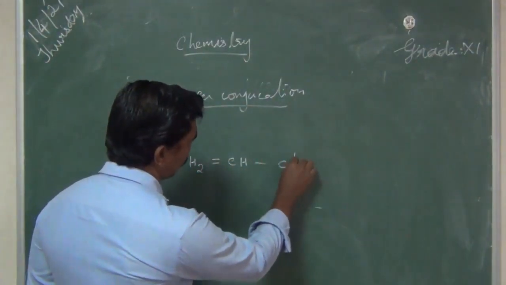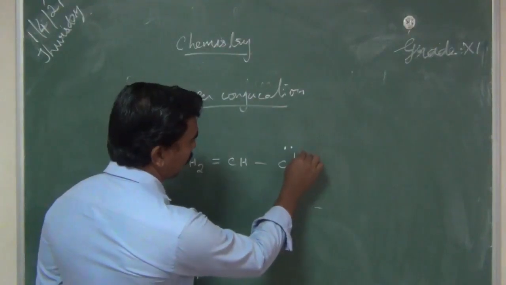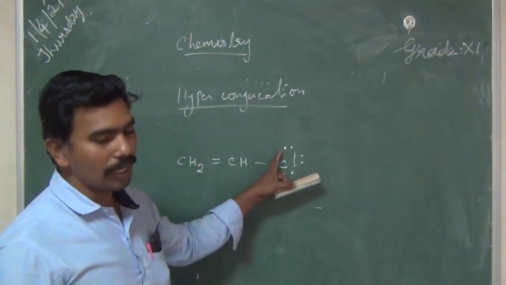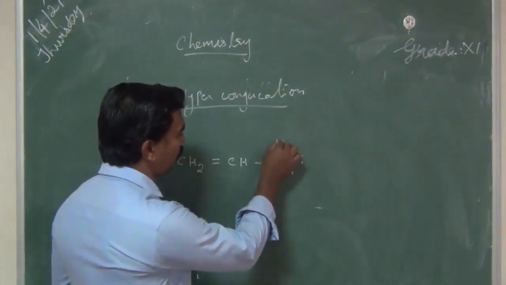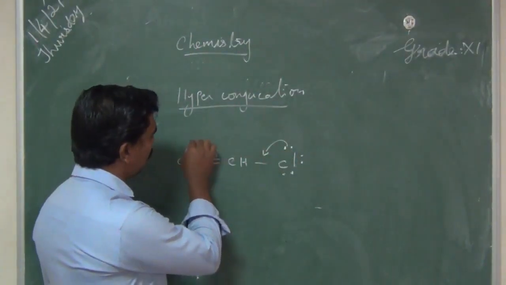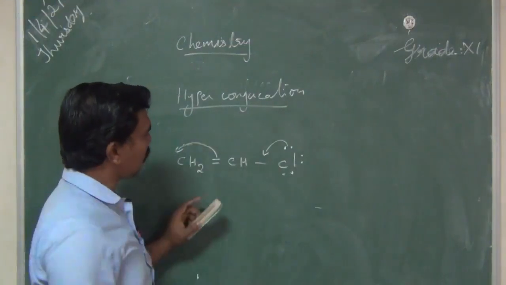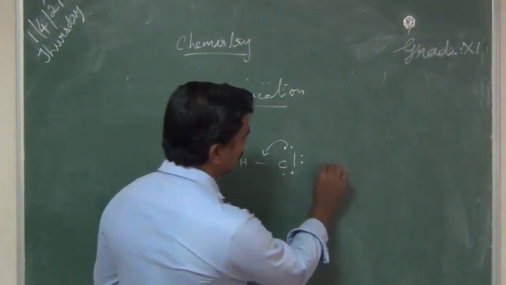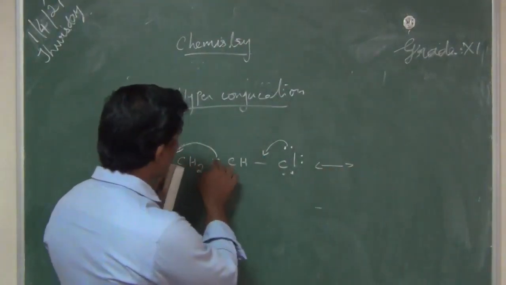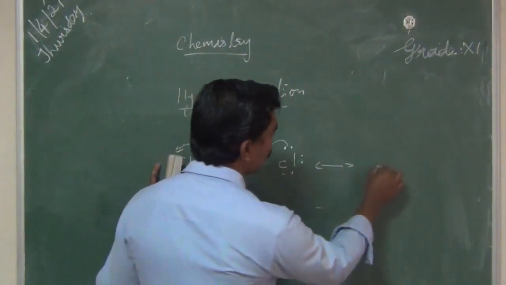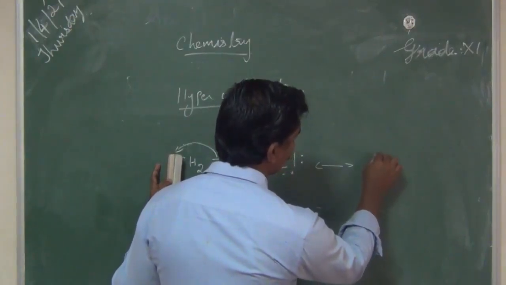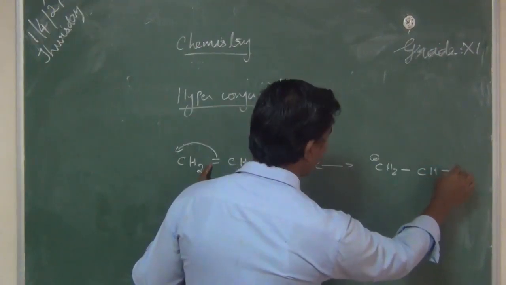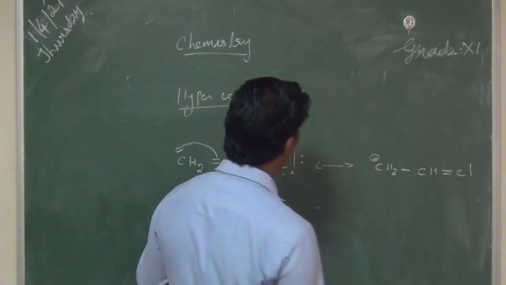Cl contains 3 lone pairs of electrons. You see the condition: the lone pair of electrons is attached to a sigma bond and conjugated with the pi bond. So the structure will come. This bond is moved from here. So CH2 minus, single bond, CH double bond Cl.